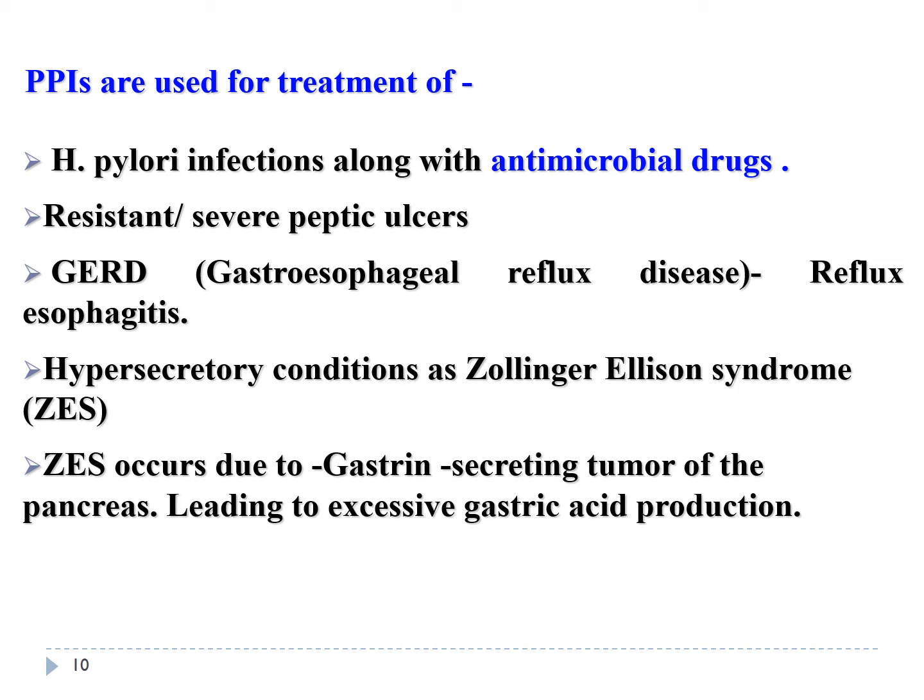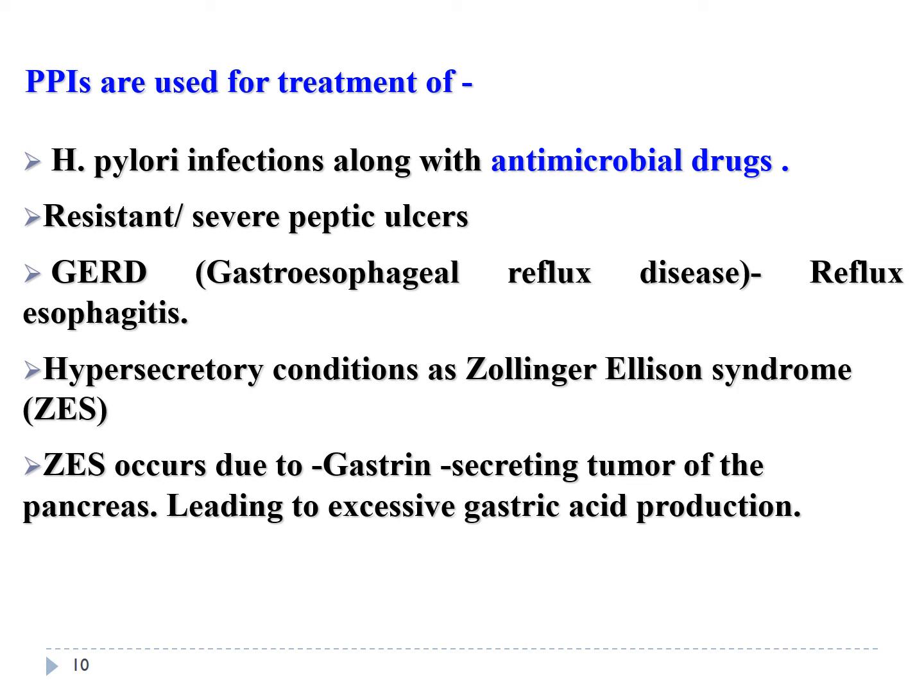In this, the acid from the stomach gets refluxed up into the esophagus, causing irritation of the esophagus, hoarseness of voice, as well as reflux acid, which causes a lot of discomfort.